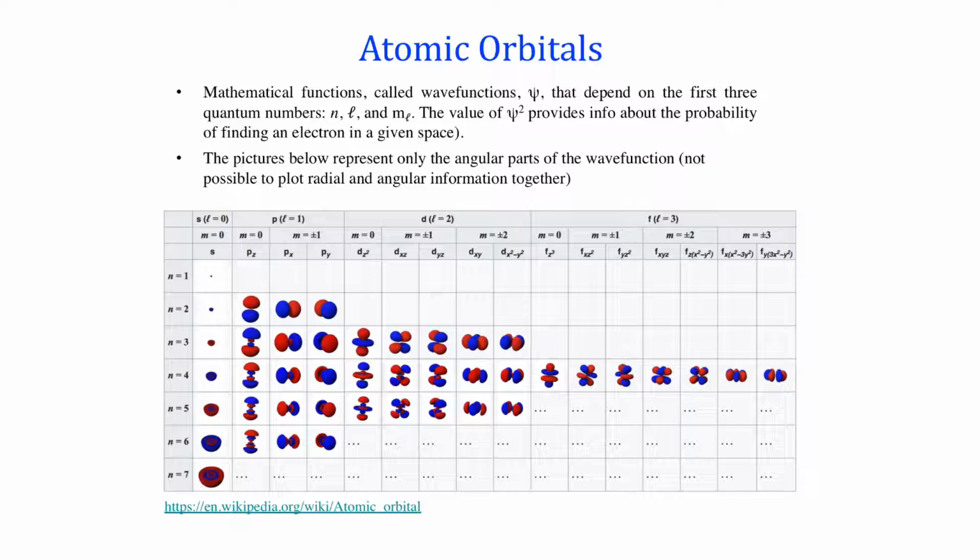If we look at our p orbitals, remember those are for the L equals 1 situation. Those correspond to p orbitals. If we look at our lowest energy p orbitals, these have that lobe shape, where we have a positive lobe and a negative lobe. That's what those colors indicate. Again, don't worry too much about that, but just look at the overall shape. We have one oriented on the z-axis, one on the x-axis, and one on the y-axis. That's where they get their names, right? Each one of those corresponds to a different m sub l value. That's where we get our 3p orbitals: x, y, and z.